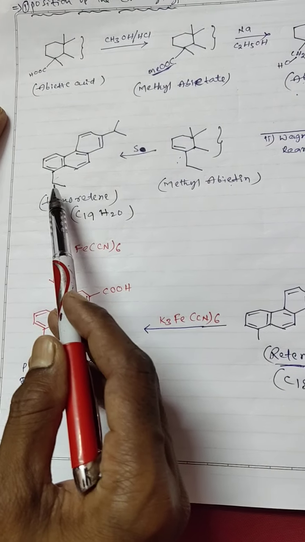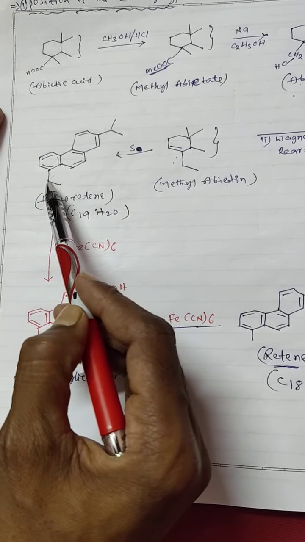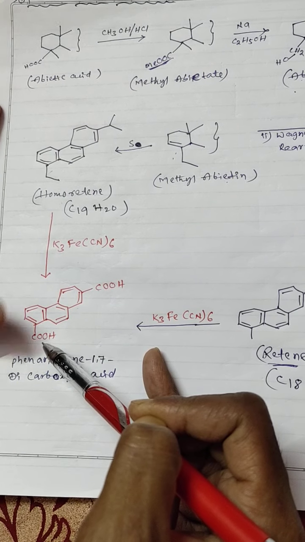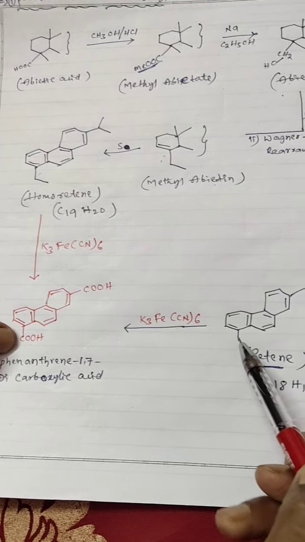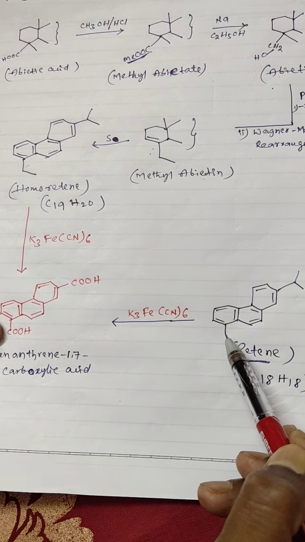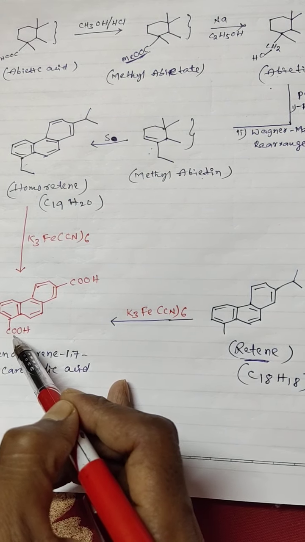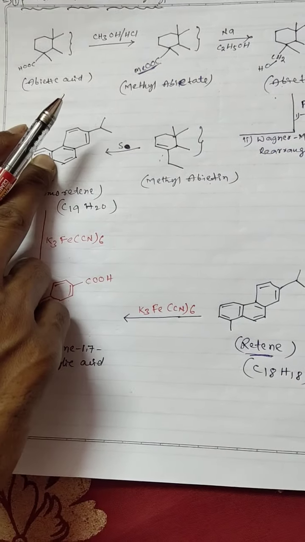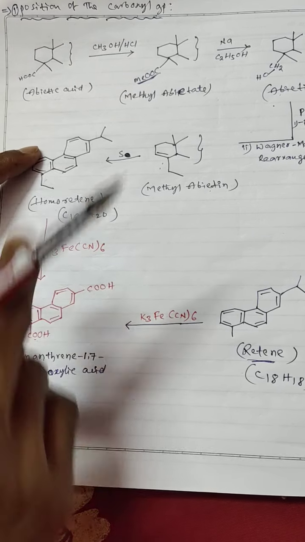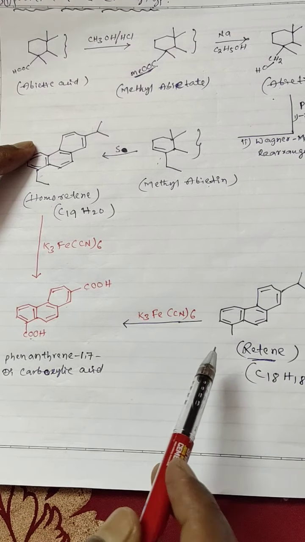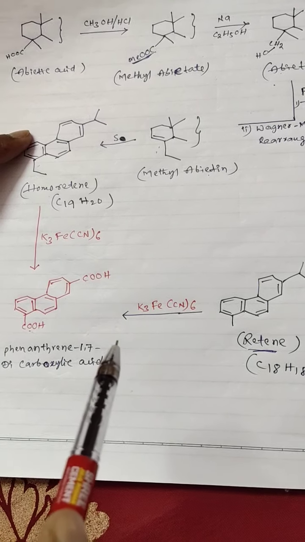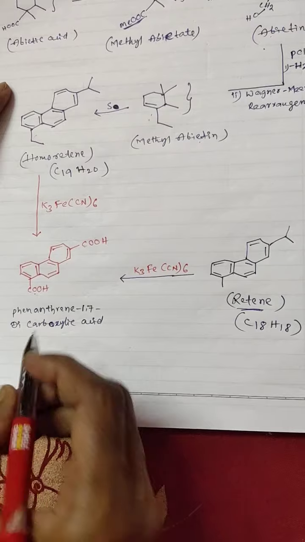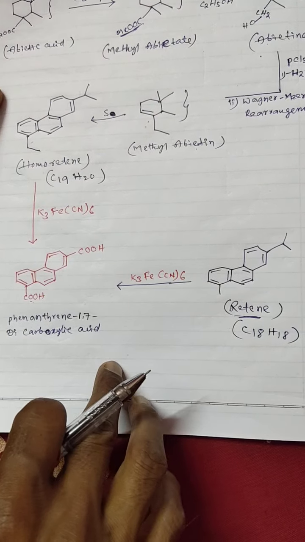So in homoretene, the ethyl group is converted into a carboxylic group, as well as the methyl group, which is also converted into a carboxylic group. So the position of the ethyl group in homoretene suggests that the carboxyl and methyl groups are present on the same carbon atom in abietic acid, at the C1 carbon, right, at C1 carbon.